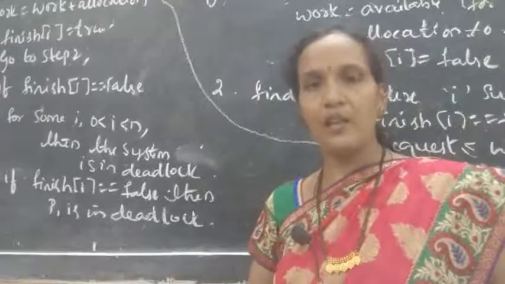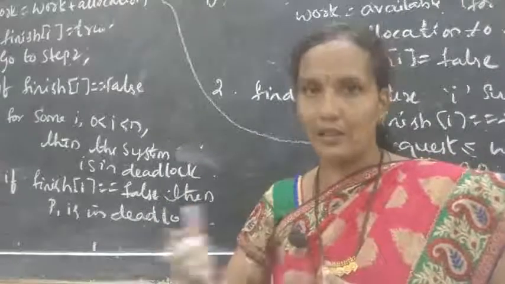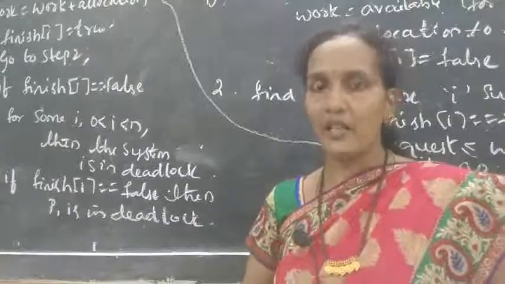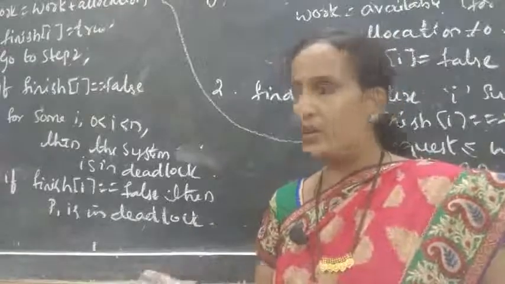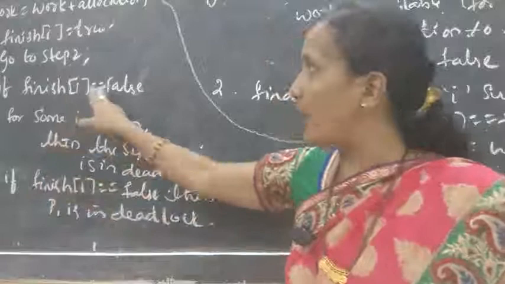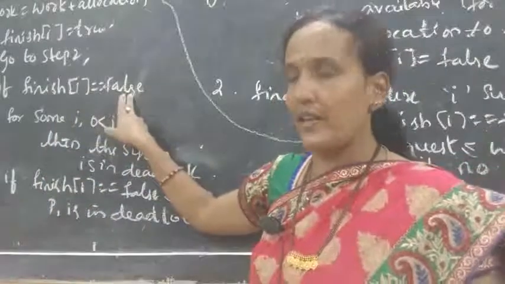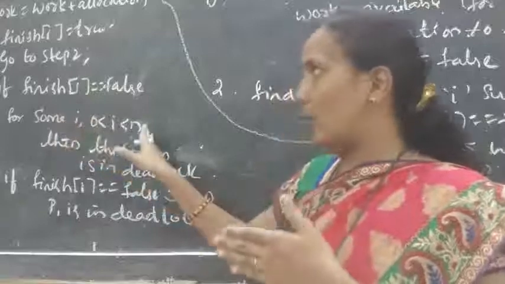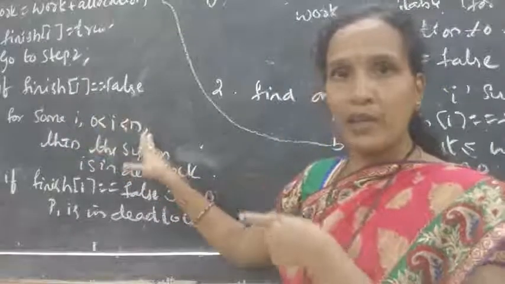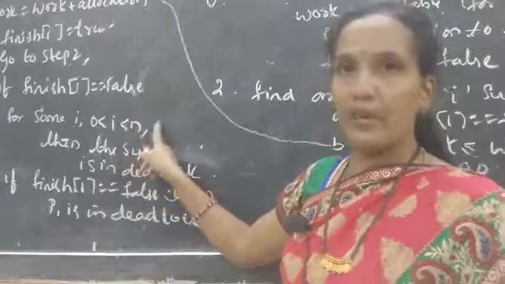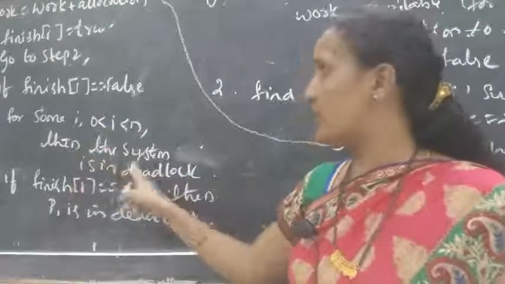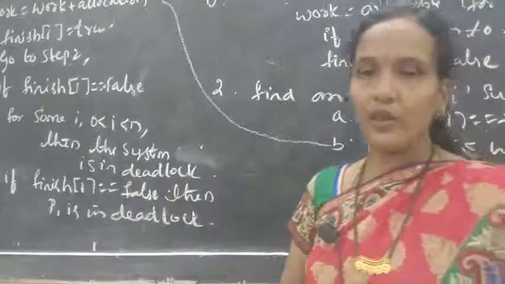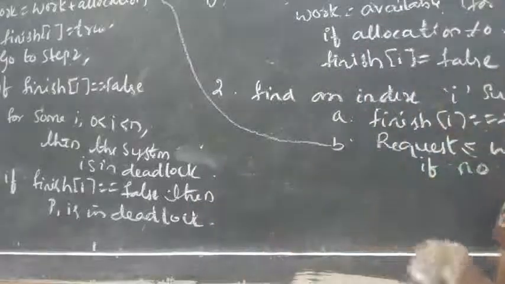In that case, the process will never complete its execution, and that may lead to a deadlock. So finish of I equals false means that process will not complete execution, when the process lies between 0 and n minus 1. Then the system is in a deadlock. Understood?